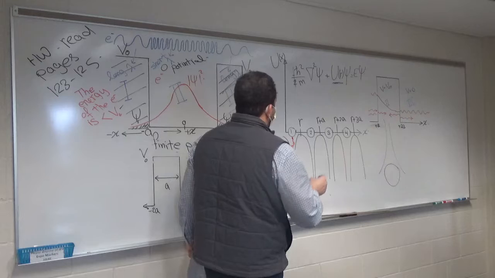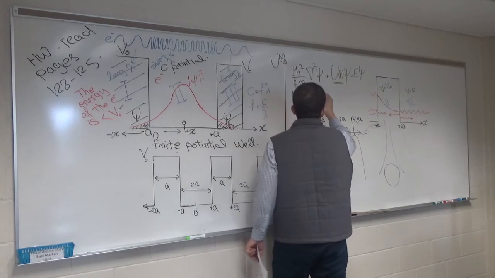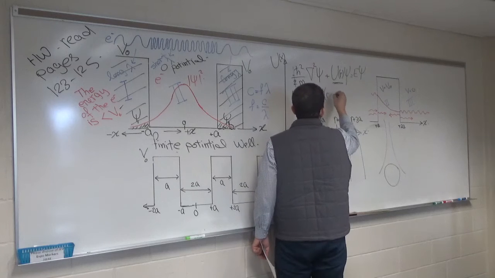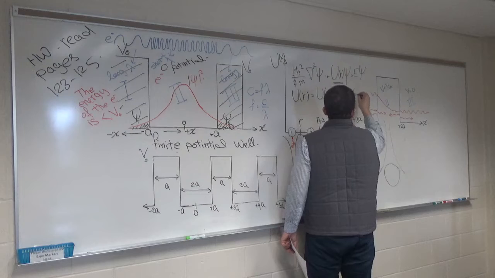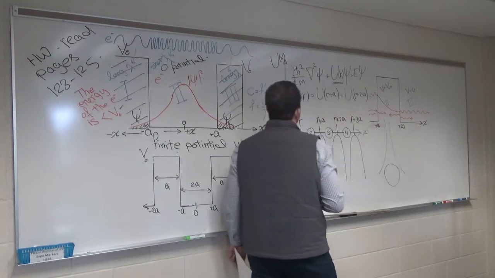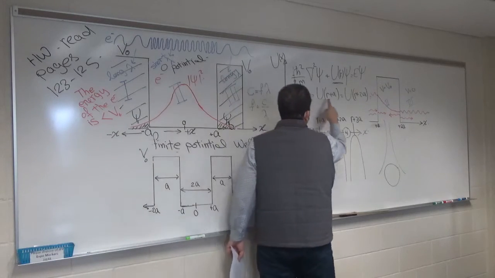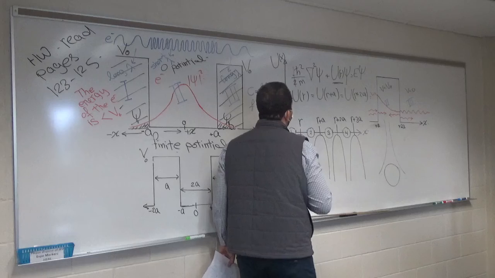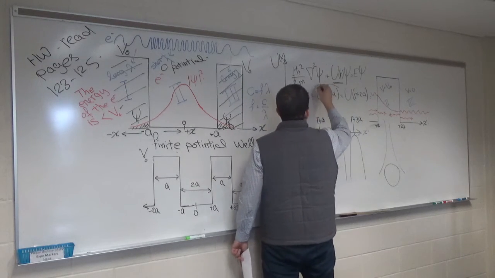So you notice that the potential U of r is equal to U of r plus a, and equal to U of r plus 2a, and so on. So it is a periodic potential. Even though you are changing r, you have the same potential.